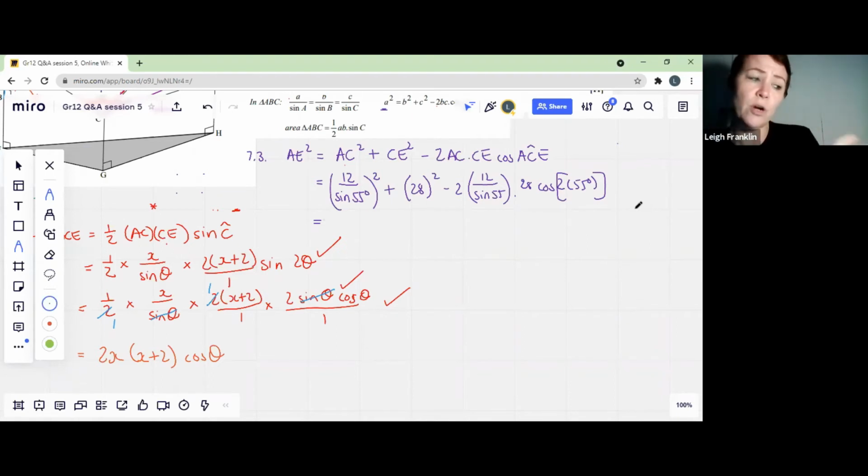Okay, it's very important that after sine 55 you close your bracket, because if you don't, your calculator will give you an error and it's not actually wrong. It's just because you didn't close a bracket.